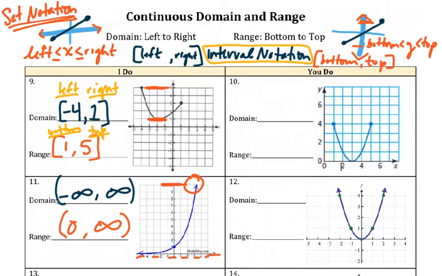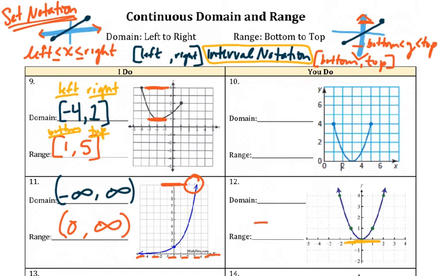Okay, so try the same idea with number 12. If it confuses you, that's okay. You can always email your teacher as well. So try your best to mimic what we did here and attempt to get this one. So domain is the left side, which is an arrow, to the right side, also an arrow. Range is the bottom, which this one here is 0. I'm going to tell you this one.